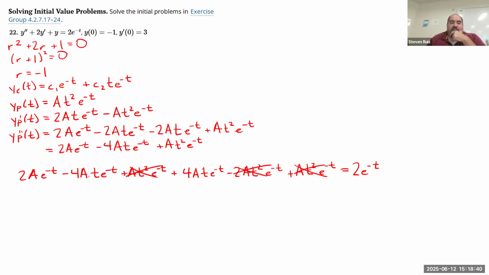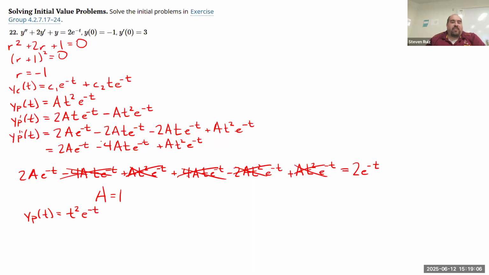Okay, I have negative 4at e to the negative t plus 4at e to the negative t. Okay, so that kind of shook out conveniently. All this to learn that a equals 1. So what did I learn about my particular solution? Y sub p of t is equal to t squared e to the negative t.